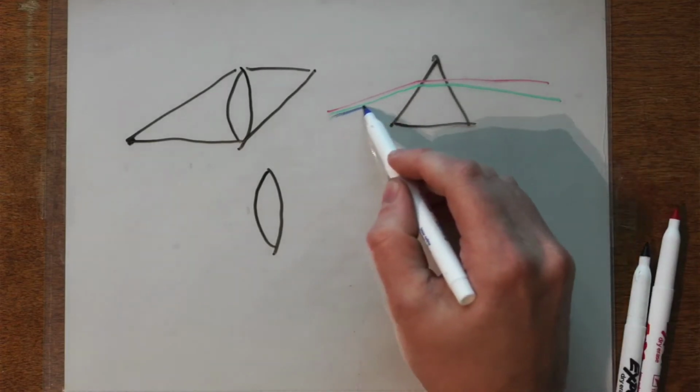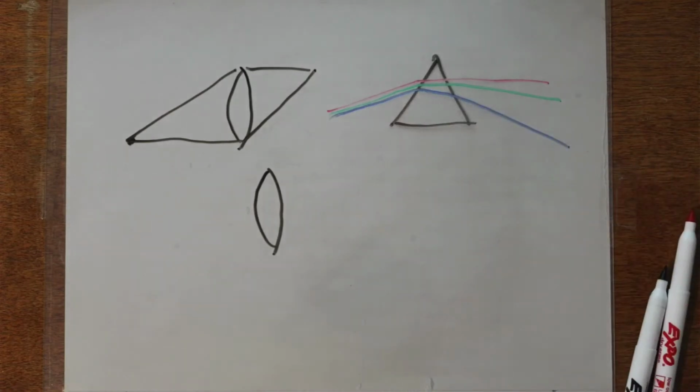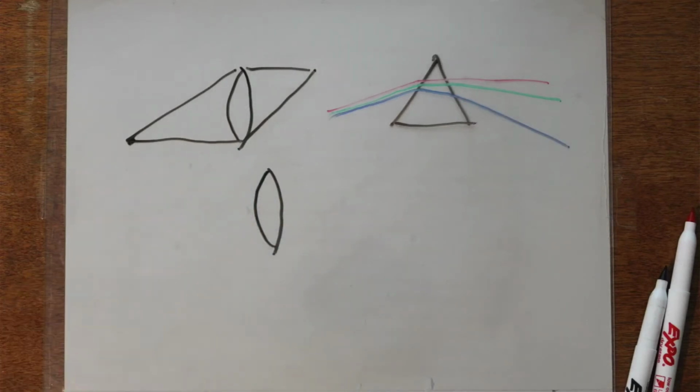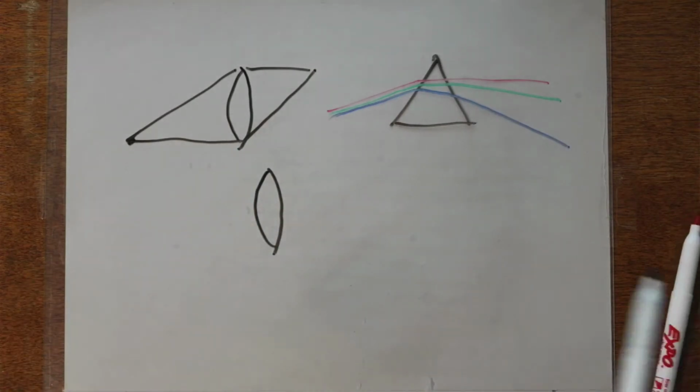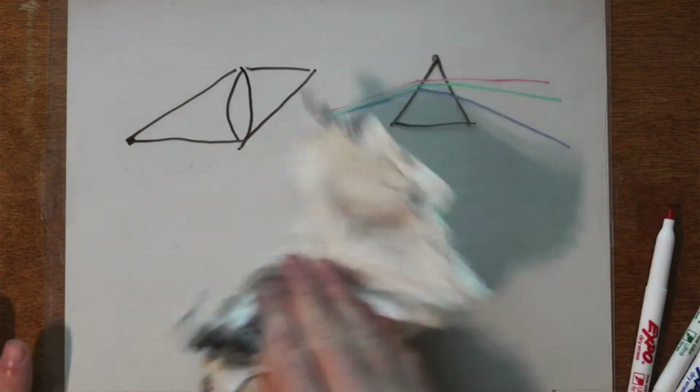All the light will come in at the same angle, then leave at different angles. What does that mean for a round surface?